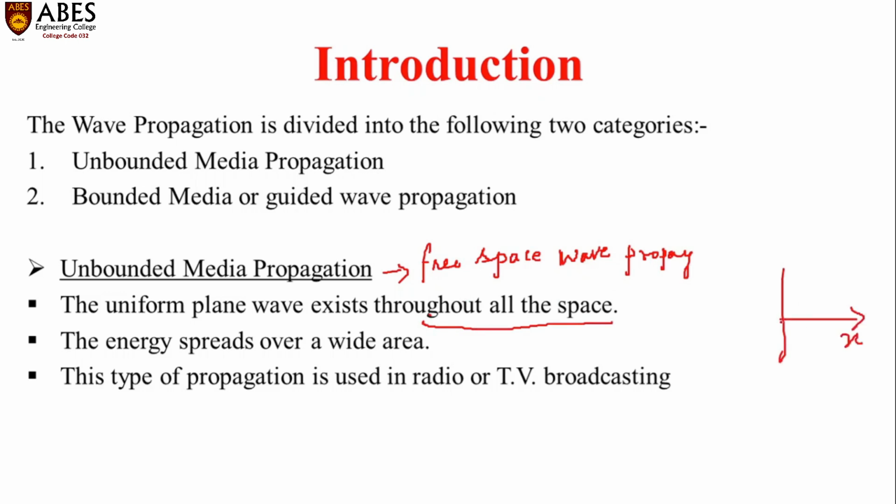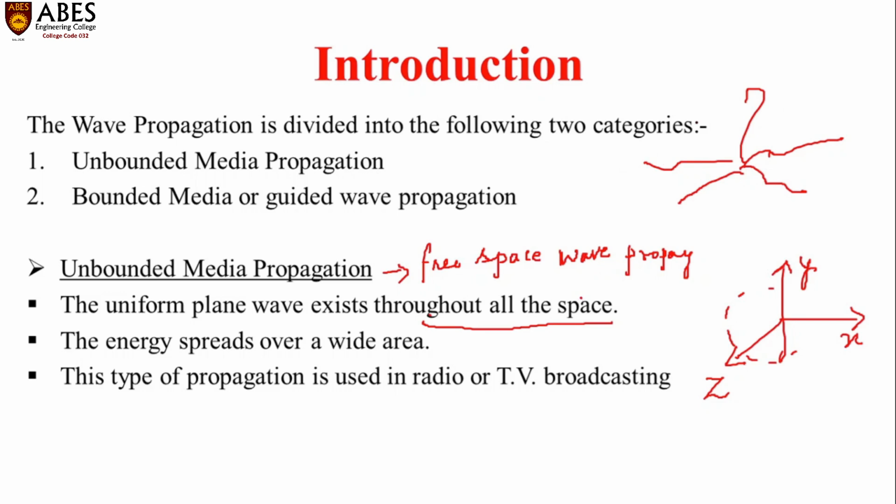That means in the x direction, in the y direction, or in the z direction, it will remain uniform throughout, and it is free to escape wherever it wants. There is no restriction, and it is not bounded by any rules or any set of directions which can describe where you have to go.